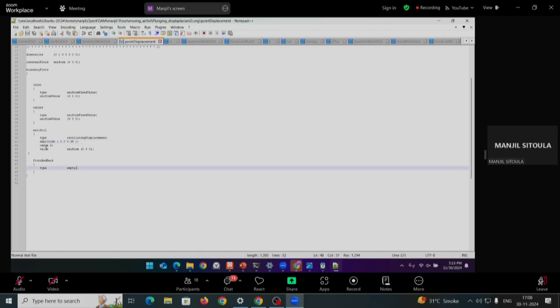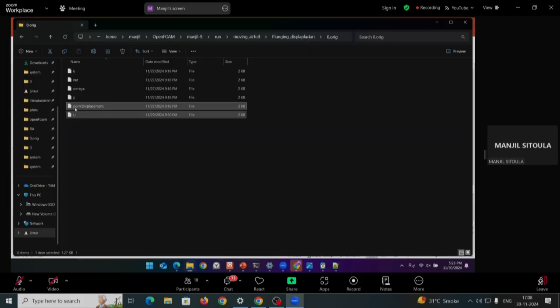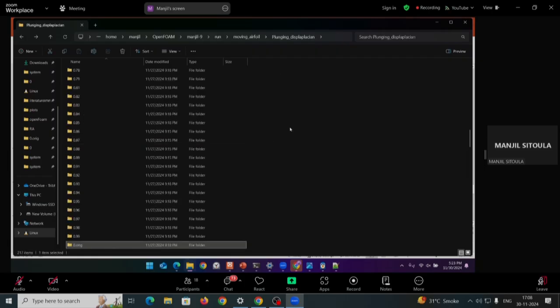In this way you can provide prescribed motion to the boundary. If you have used velocity Laplacian, then instead of the pointDisplacement file, you must use the pointMotionU file. So this is the only difference between the velocity Laplacian and the displacement Laplacian if you are setting up a case with these two different motion solvers.